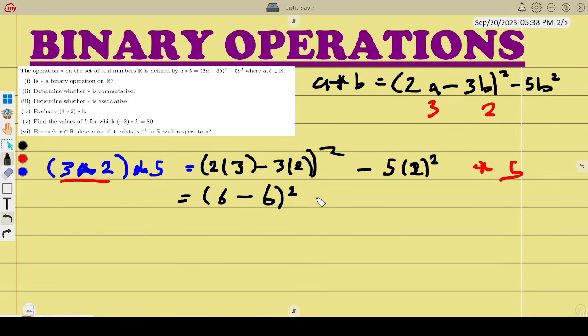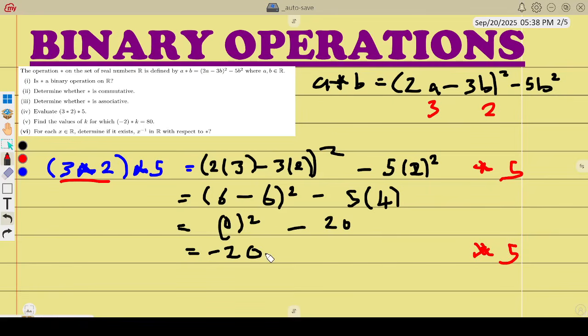Are we making a mistake? So this is 5, and then 2 squared, that's 4. So here we have 0 power 2 minus 20. So meaning we have a negative 20 on 3 star 2. And then don't forget star 5 was just waiting for us to simplify.